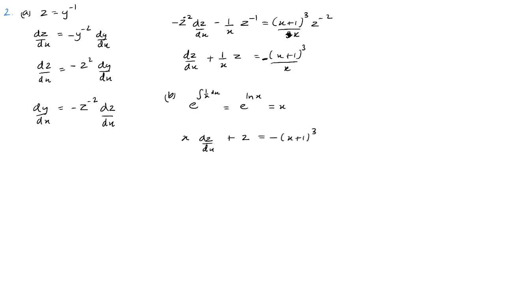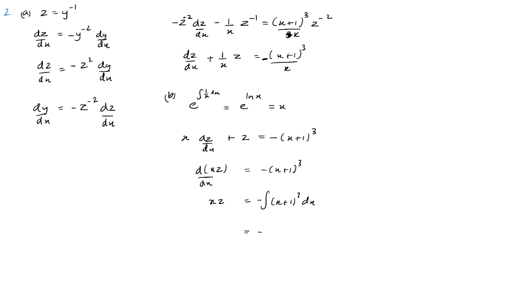Okay, so the left side is d(xz) by dx, and then that's the right hand side, and integrating both sides we get xz on the left, and then we're integrating minus x plus 1 cubed dx.